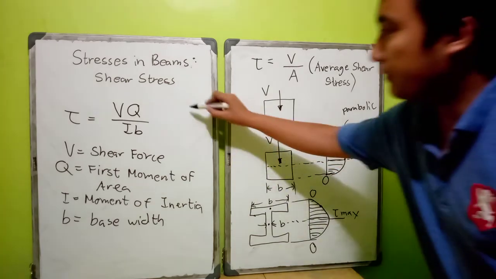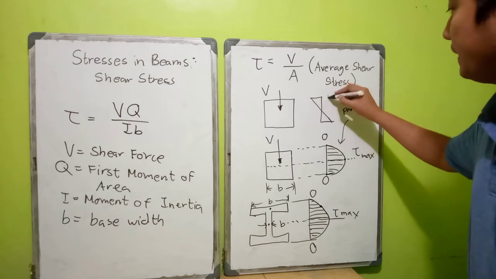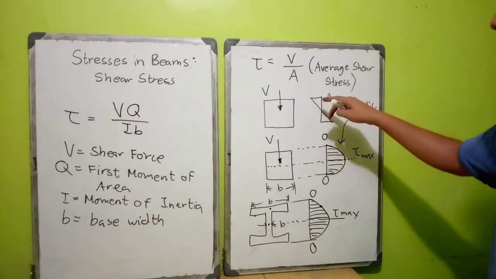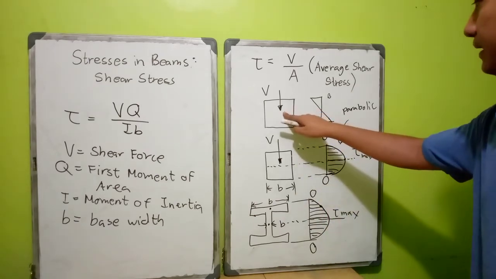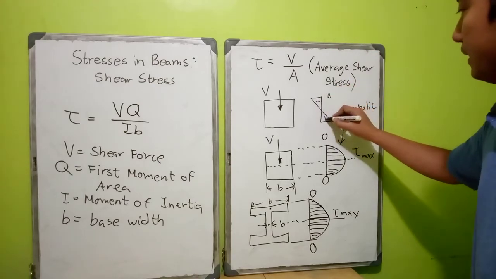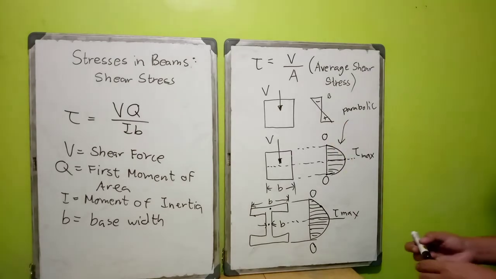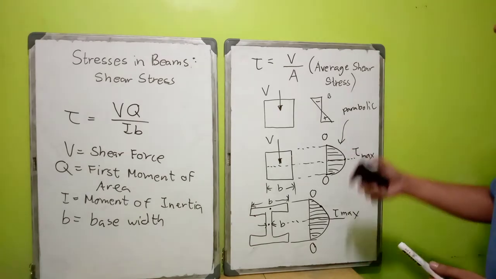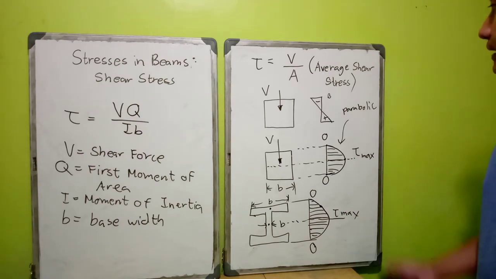In contrast, your bending stress will be shaped like this. Depending on the direction of your force, it's either compression at the top and tension at the bottom, or tension at the top and compression at the bottom. If you want to review it, I have videos in this channel which explain the shape of the bending stress diagram.